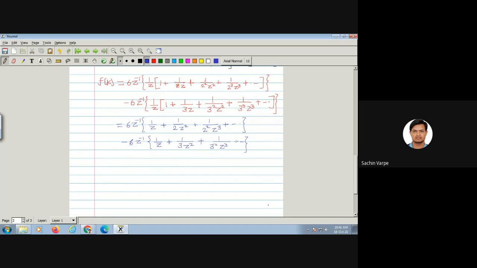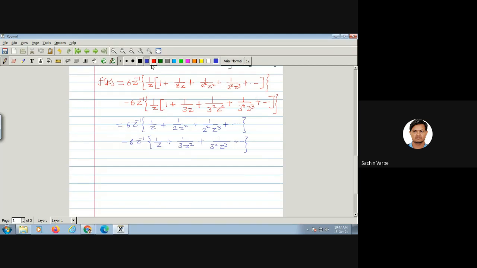Right? Now here we can see all the powers of z are negative, right? So here we consider the coefficient of what? Z raised to plus k or minus k? क्या होगा? कोई बता सकता है? Z raised to minus k, because all the powers of z are negative. So we don't need to convert k to minus k also.